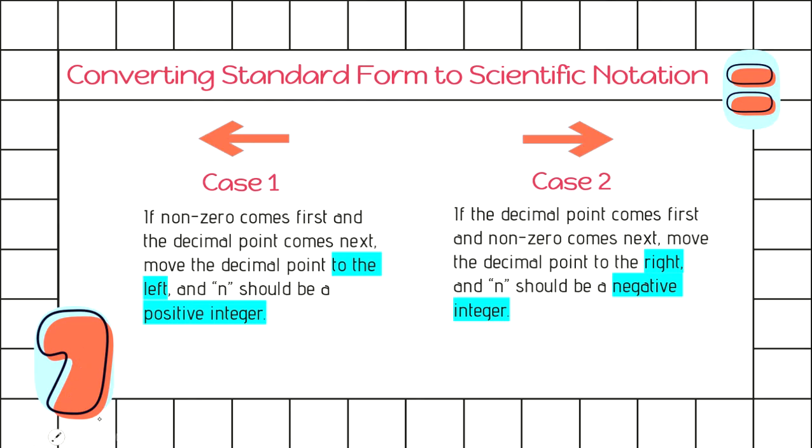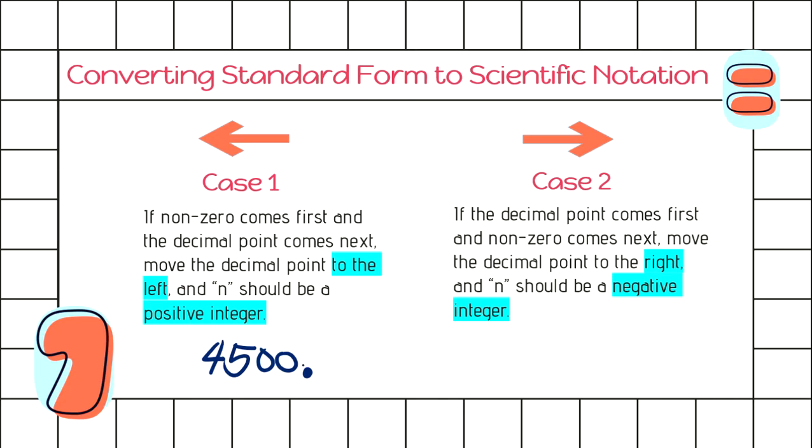For instance, here the non-zero comes first. We have 4,500. As you can see, the non-zero comes first and the decimal point comes next. Our decimal point here is after the 4,500 since it's a whole number.